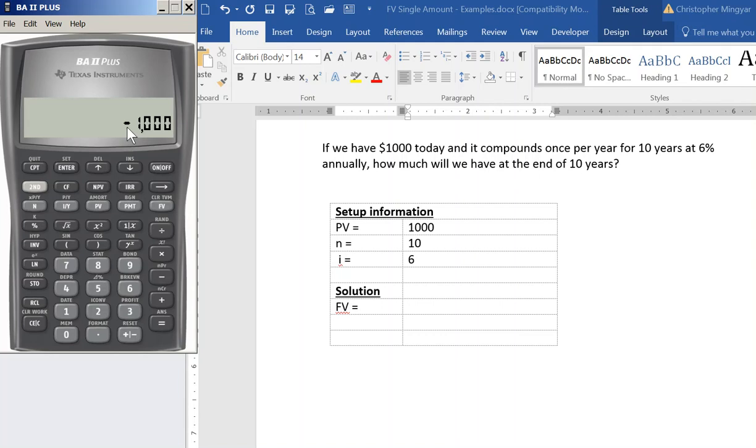Doesn't mean less than 0 necessarily when we're using these buttons. Okay, so $1,000, hit PV.